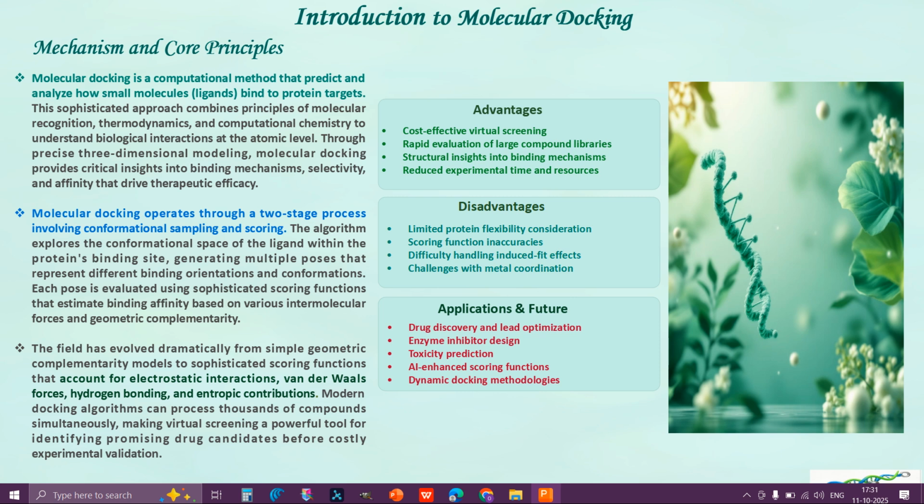In this way you can screen your drug, and you will do the drug discovery and also the lead optimization. Then you can design an inhibitor for an enzyme, and after binding to the enzyme, you can see whether the drug or compound you have developed is inhibiting that enzyme or not through this protein interaction.